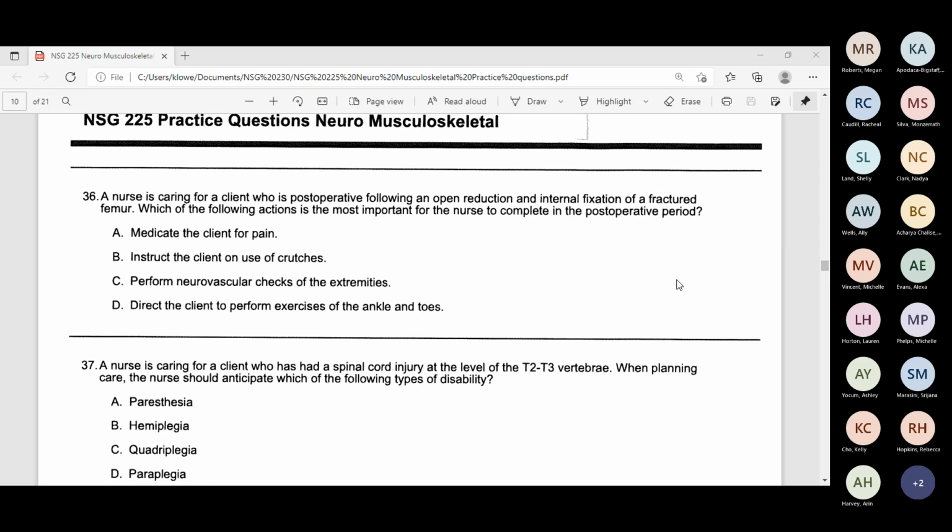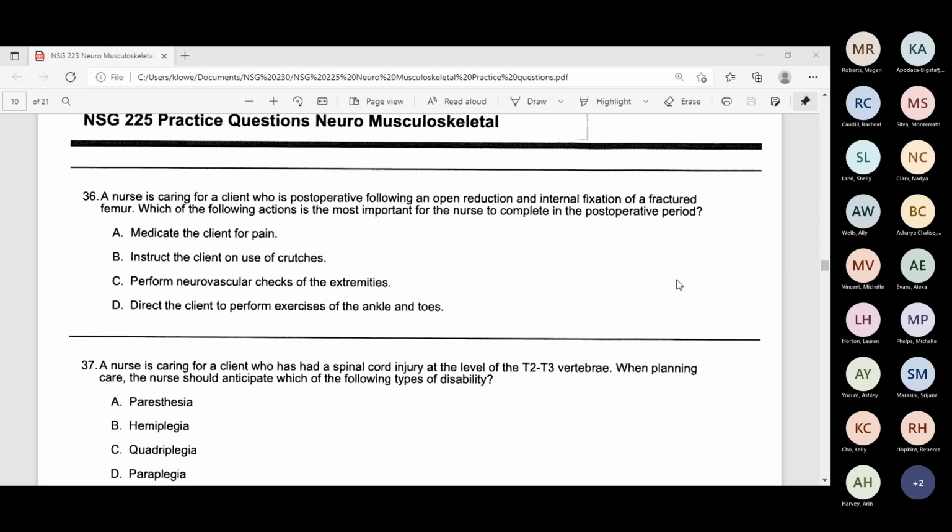A nurse is caring for a client who's post-operative following an open reduction internal fixation of the fractured femur. Which of the following actions is the most important for the nurse to complete in the post-operative period? Neurovascular checks. Yes, perform neurovascular checks of the extremities, because we think about what complications can come from having a bone repair.